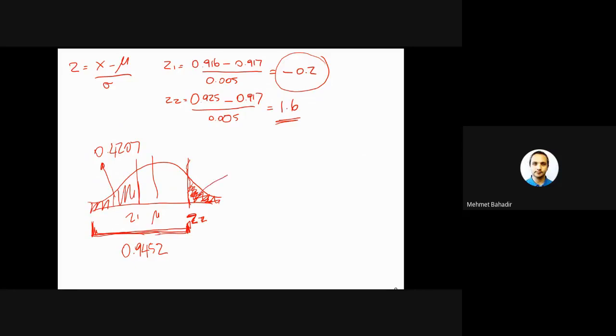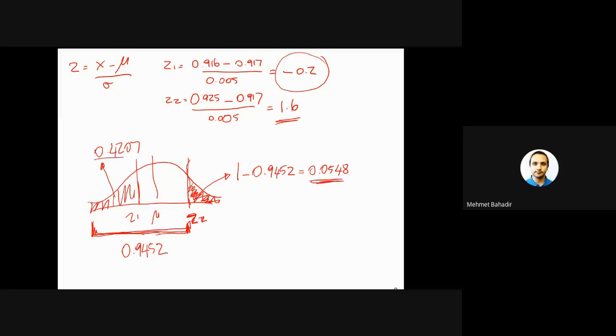So let's calculate this area. How do we calculate it? 1 minus 0.9452. And what is that area? 0.0548. All right. This is the area on the right side.